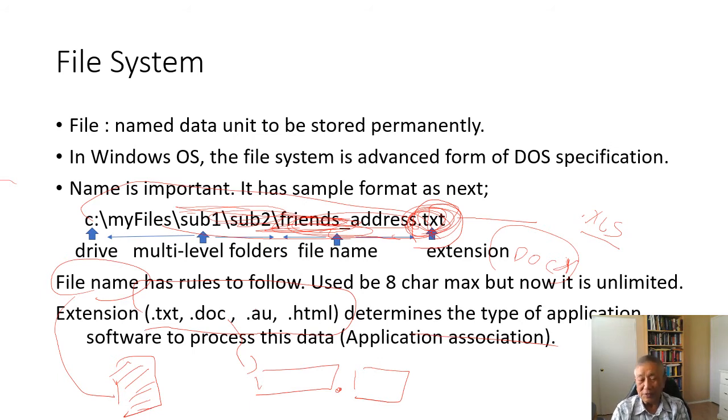So the system knows it automatically, say, this is something to do with .au, that is audio, like that. So it says this is something to do with the sound player. So it will automatically link it. It's actually the play by engaging this file into that software to run.